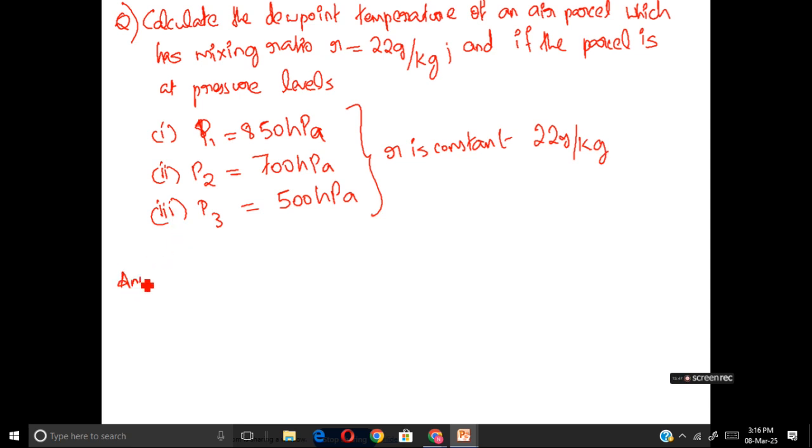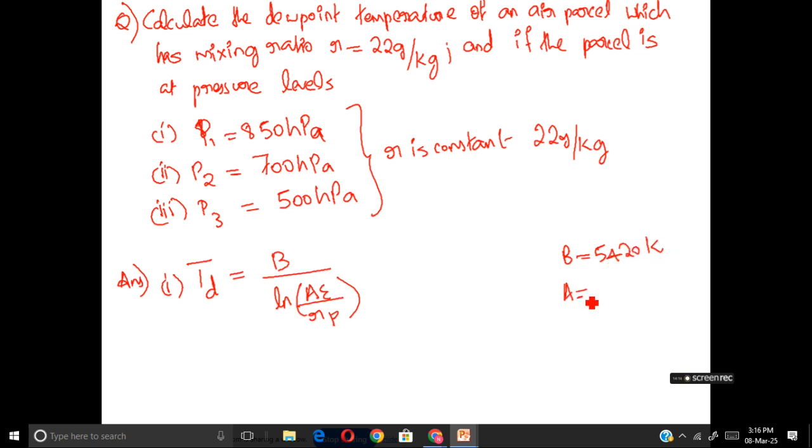Now what is the equation that we just learned? We learned TD is equal to B by log A into epsilon by R into P, right? So this is the first case when P1 is equal to 850 hectopascal. We know the value of B is 5420 Kelvin.